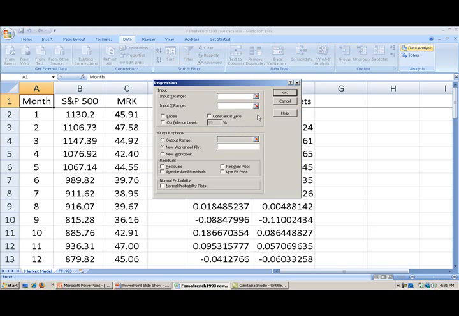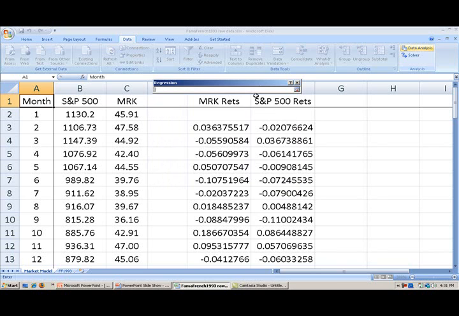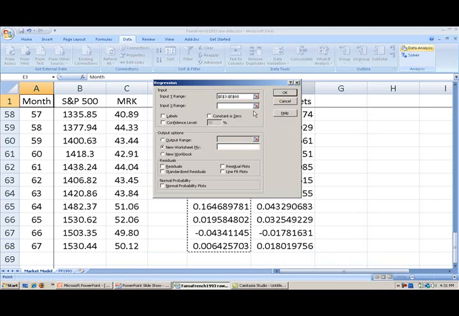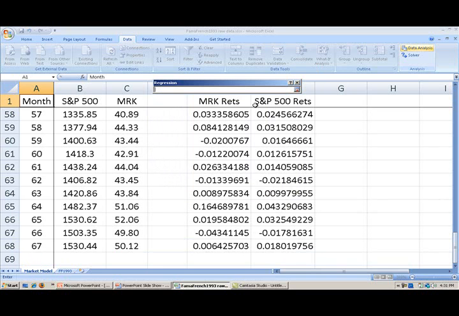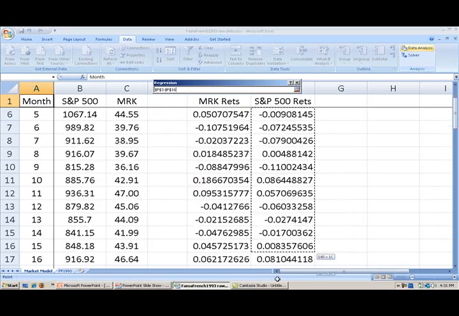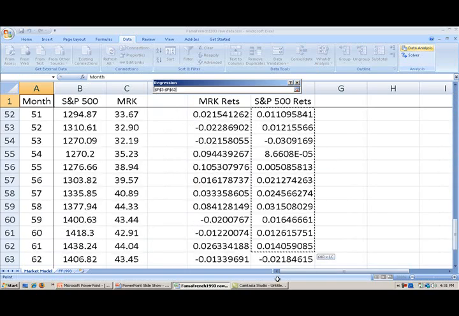The Y range is the dependent variable. That's going to be Merck's returns. So if we click on the box here, let's select Merck's returns. The X range is going to be the S&P 500 returns. That's our independent variable.